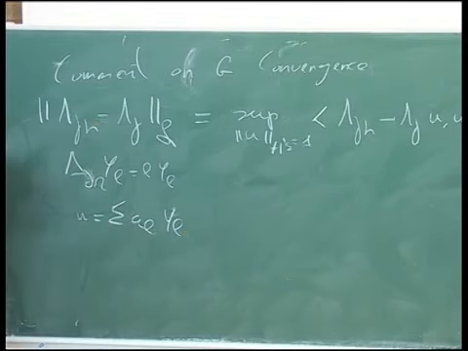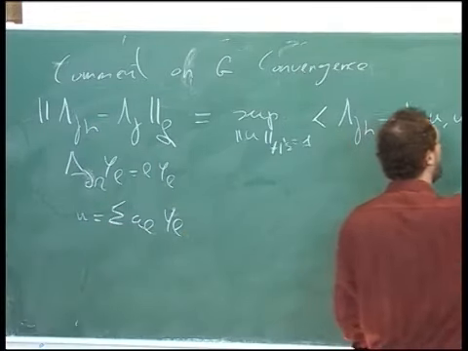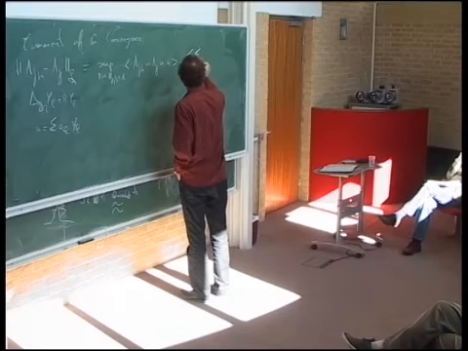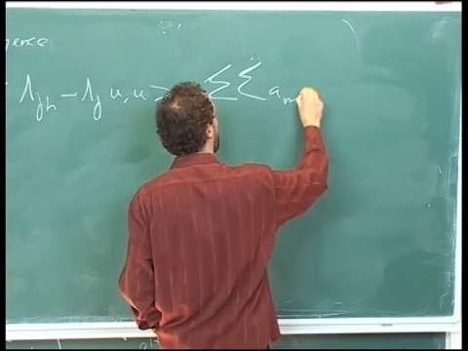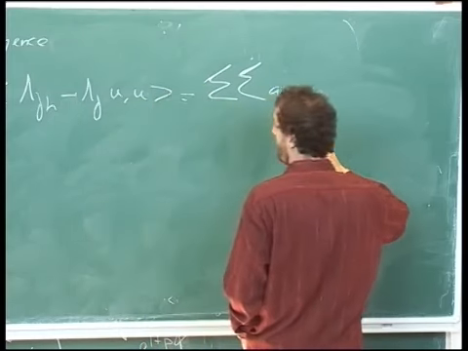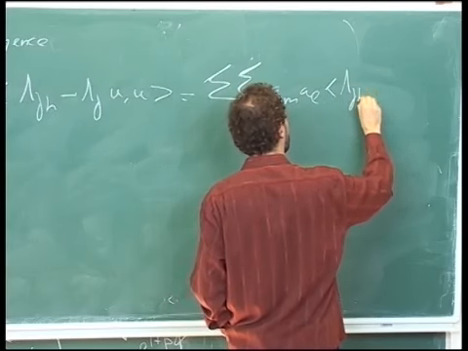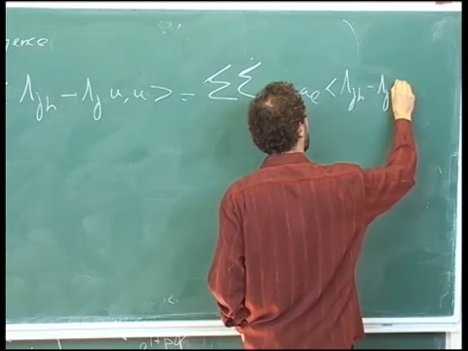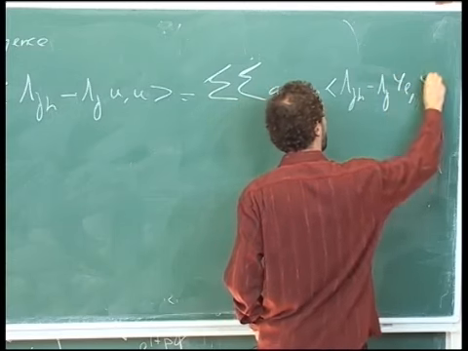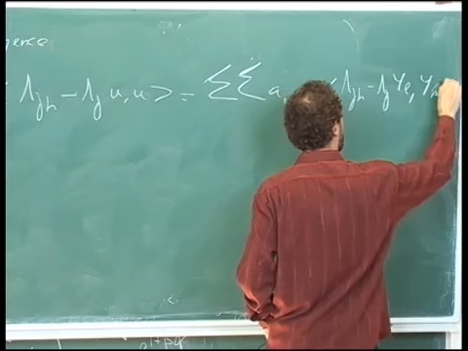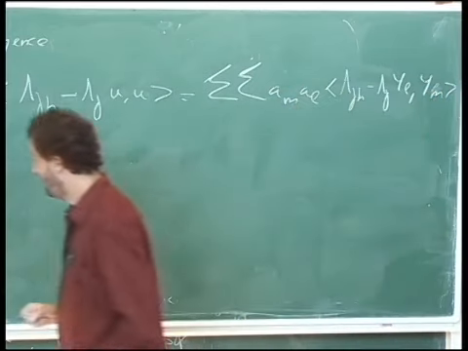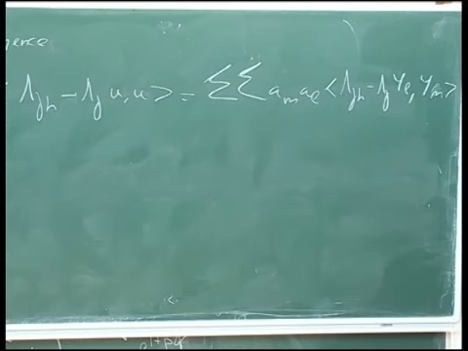And I put them there, and I have a double sum in m and in l, and then this bilinear form, lambda gamma h minus lambda gamma, applied to I_l and I_m. Okay. Now what do I gain from G-convergence? The very definition of G-convergence tells me that.